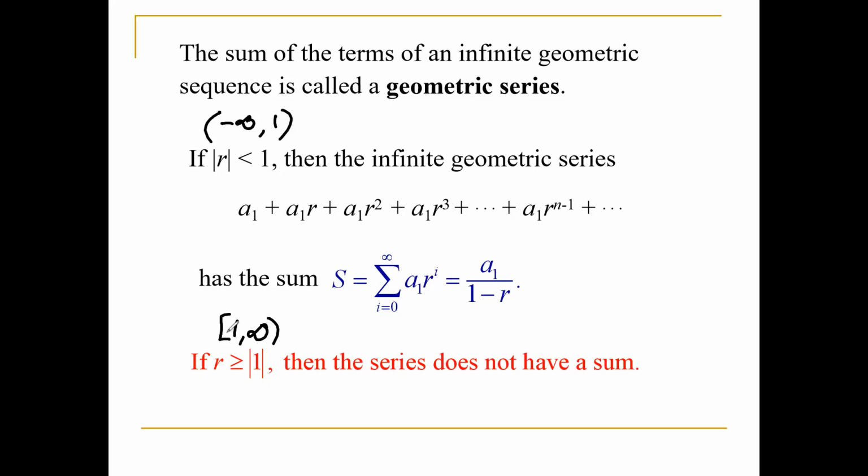Okay, kasi nandito yun, oh. Kasama si 1. Pag r is equal to 1, hindi natin makuha ang sum. So ibig sabihin, yung mga nasa left ni 1. Okay, all negative numbers, 0.2, 0.001, 0, that is less than 1.